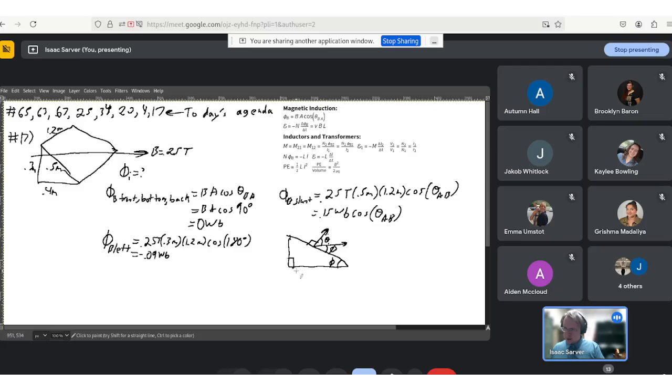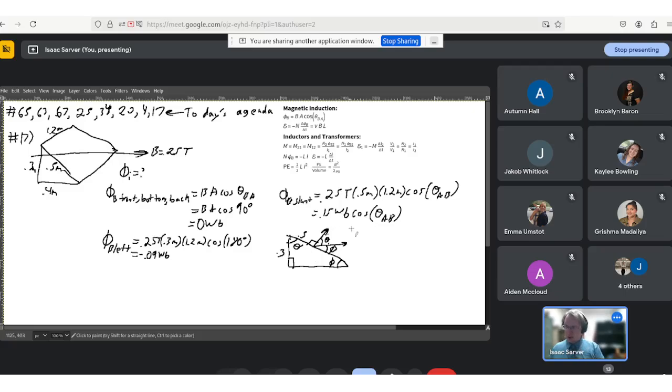This is a right triangle over here. So this angle here is our theta. We want the cosine, which is the adjacent. So this side here is 0.3. And the hypotenuse is 0.5. Come on. There we go.